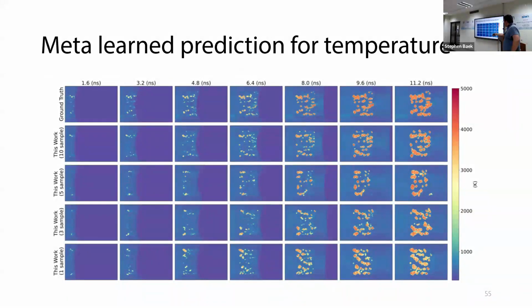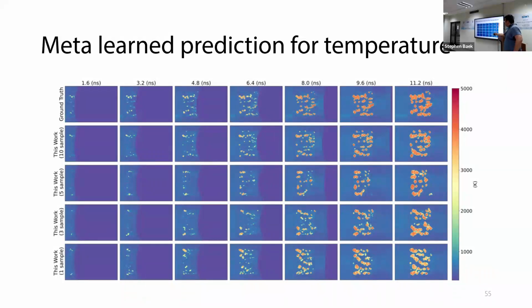So with only one sample, for example, we could capture the ground truth quite well. I mean, not that accurate. With 3 samples, the accuracy goes much higher. And with 10 samples up here, we get pretty decent prediction results, right?